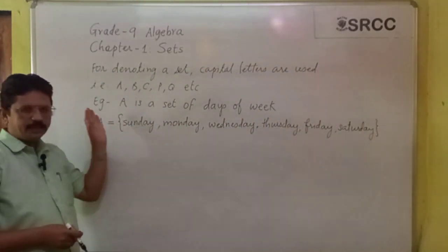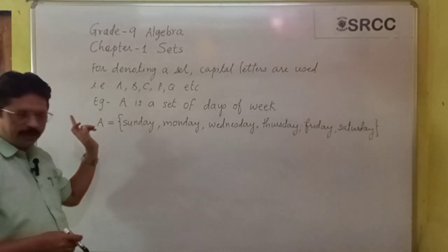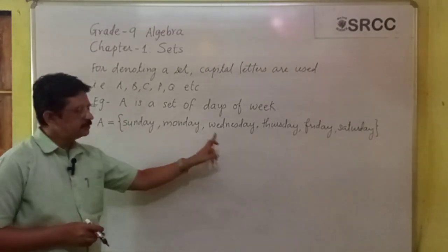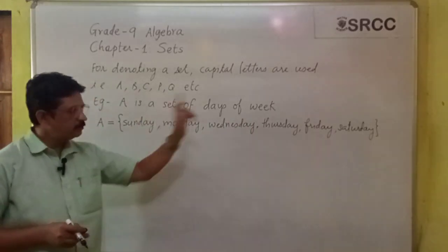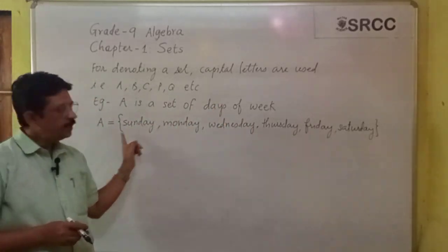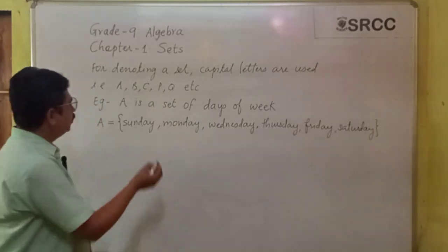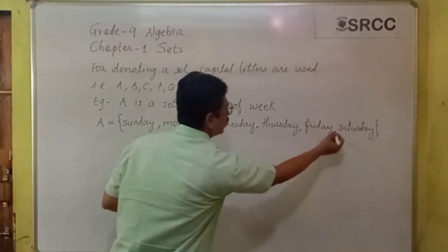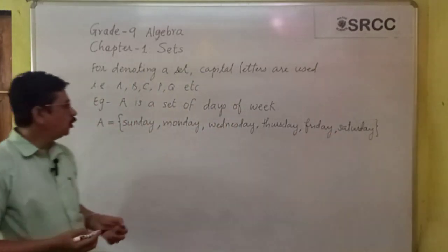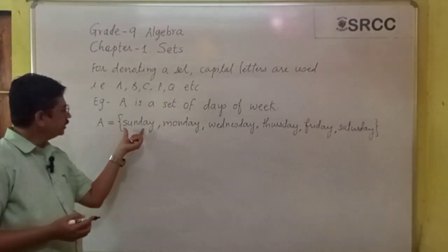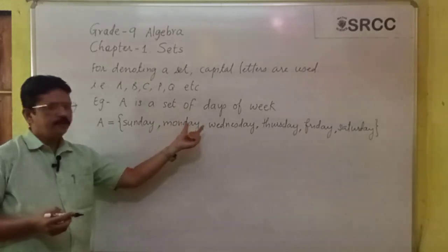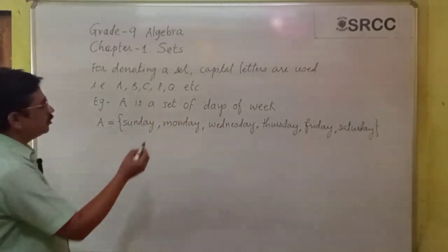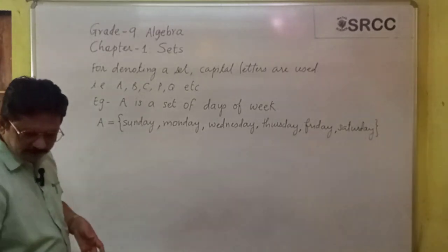Here we have written the set using letter A and writing all the days of the week from Sunday to Saturday within the curly brackets, and note that these are separated by commas. So here Sunday, Monday, Wednesday, etc. are all the members of the set, which are also called elements of the set.